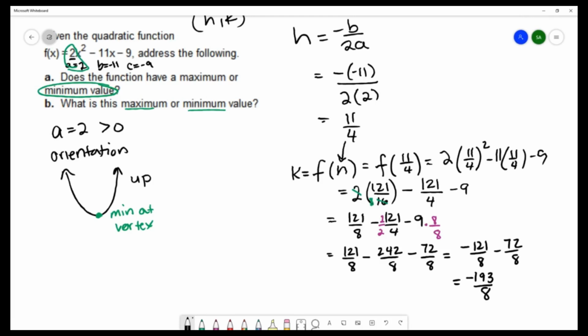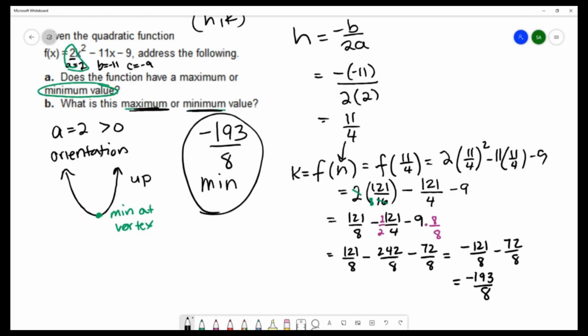And the minimum or maximum value will be the y part of our vertex. So the negative 193 over 8 is our minimum value. Now you could also use your calculator and get a decimal approximation for this.